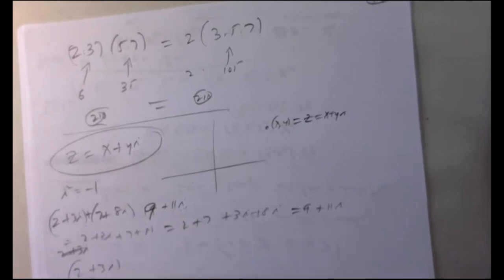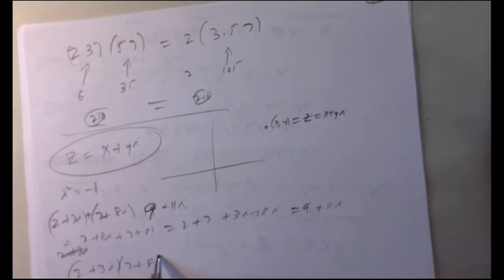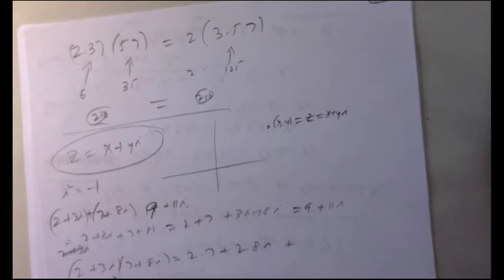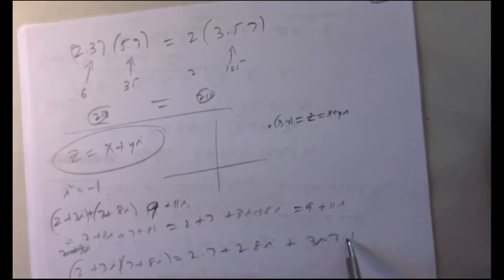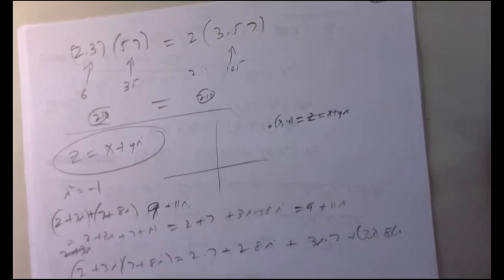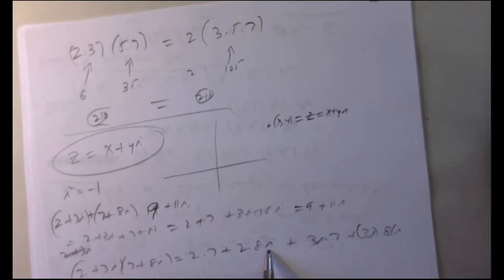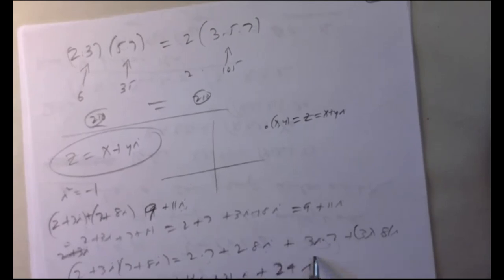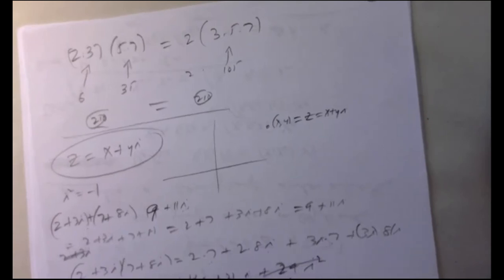And when you multiply, you just distribute across. This is 2 times 7 plus 2 times 8i plus 3i times 7 plus 3i times 8i. 2 times 7 is 14. 2 times 8i is 16i. 3 times 7i is 21i. 3 times 8i squared is 24i squared, but i squared is -1, so this is just -24.